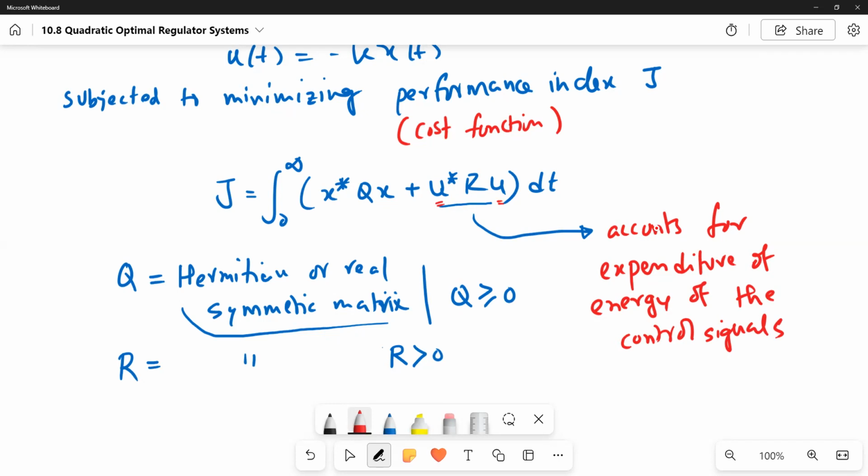And the other term here refers to the error, how much our x is deviating from the ideal values. Now Q and R are the relative weights of error and energy expenditure.